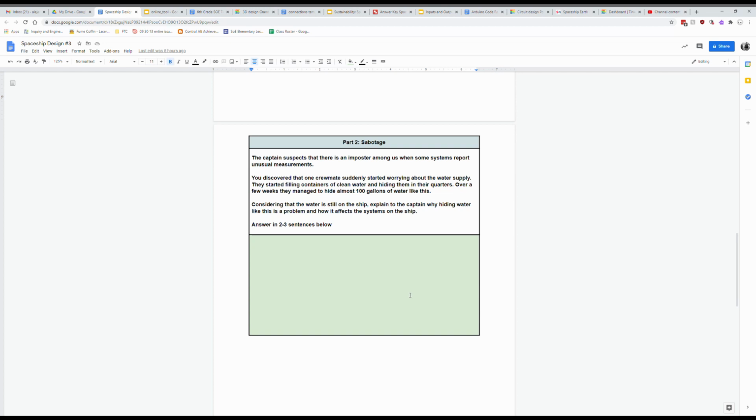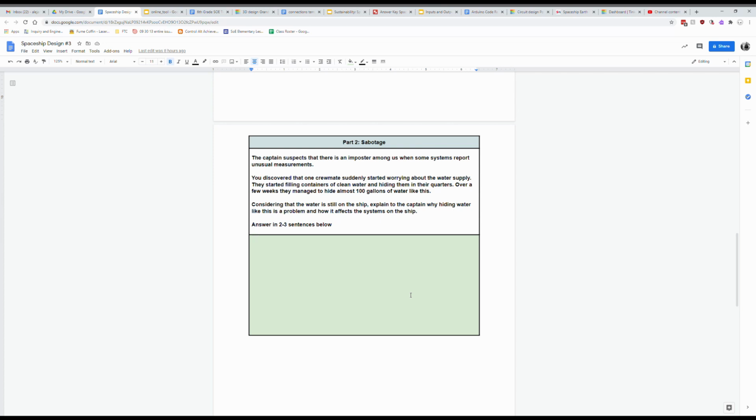Issue number 2, sabotage. So the captain suspects that there's an imposter among us when some systems start giving unusual measurements. They find out that one crewmate is having a little bit of a panic attack. They started filling up containers like jugs of water and hiding them.